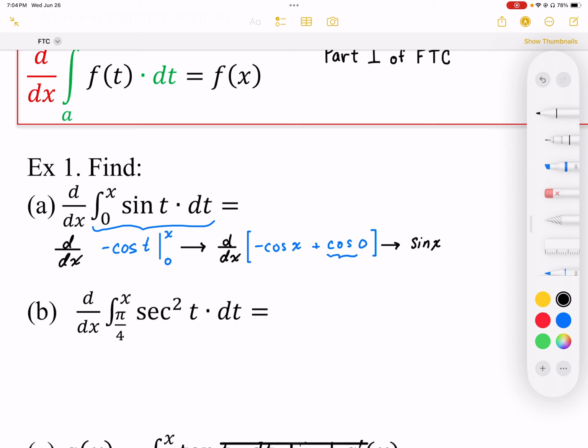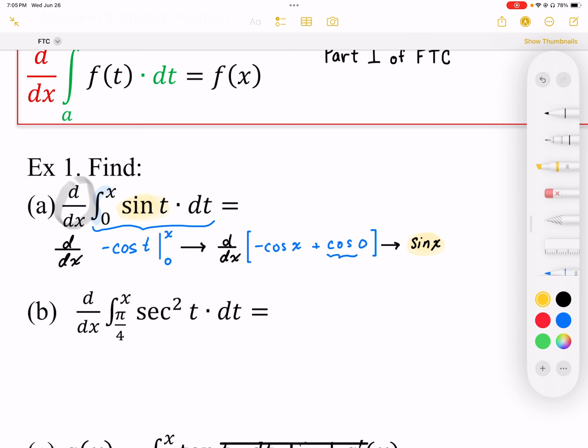Basically I started with sine t in the integral, I integrated it, and then I applied the derivative to it. And when I do those two parts, what I start with is what I end with. So I ended up with sine x as my final result.